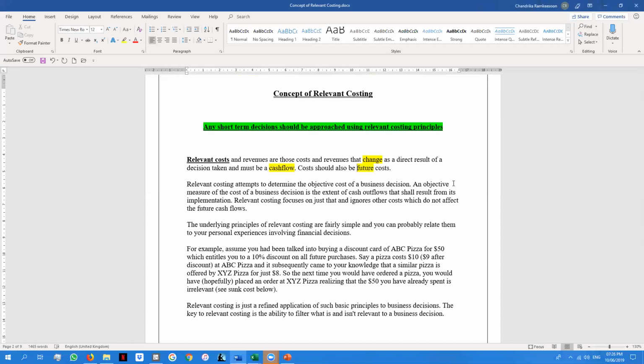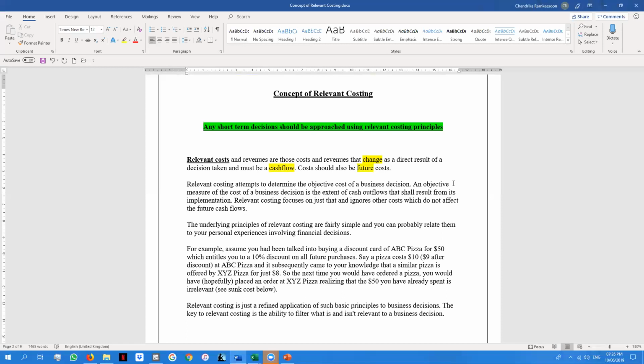Relevant costing attempts to determine the objective cost of a business decision. An objective measure of the cost of a business decision is the extent of cash outflows that shall result from its implementation. Now, as I said, although the concept of relevance does apply to revenues as well, and we will see this indeed as we go on, generally we tend to use the term relevant cost, and this is what I'm showing you here.